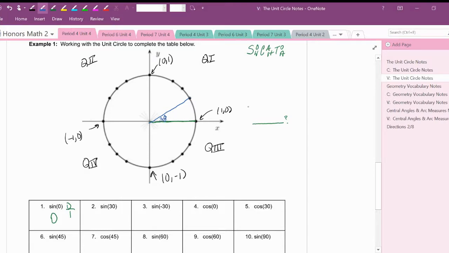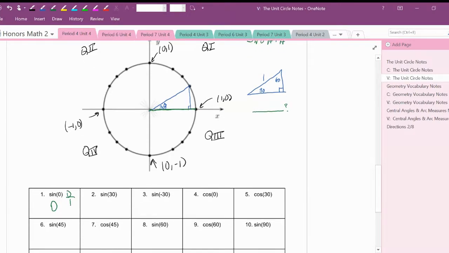So now what we have is a 30, 60, 90 triangle. We drop that perpendicular down and we can see that triangle there. The hypotenuse here is equal to 1. So the sine of 30 degrees would be the side opposite over my hypotenuse.